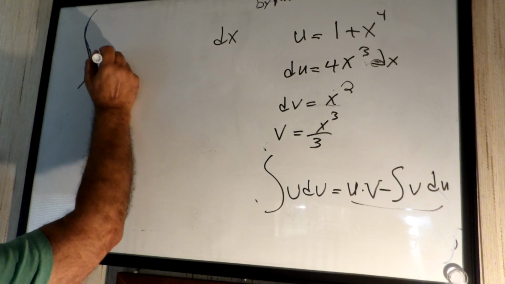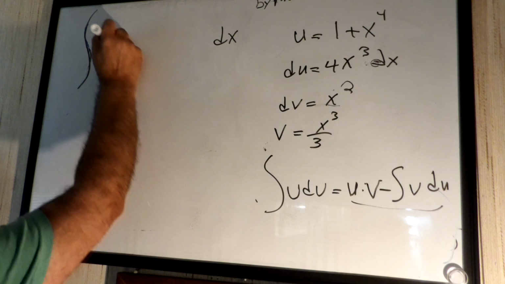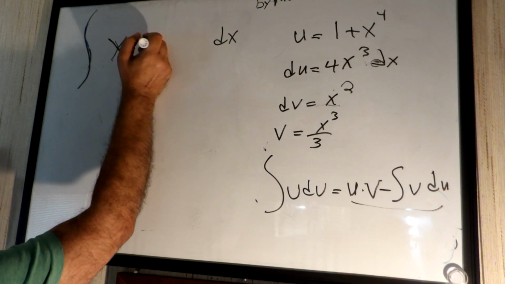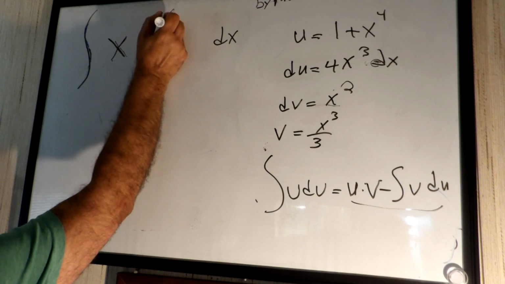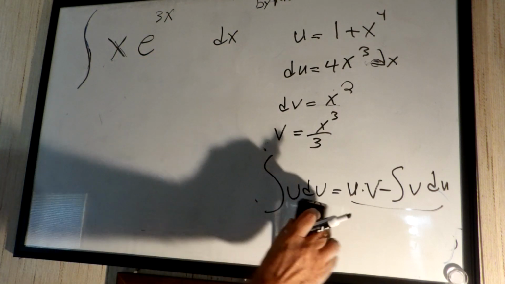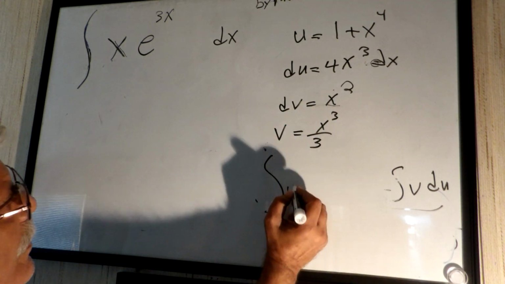We have x times e to the power of 3x. Let's see.